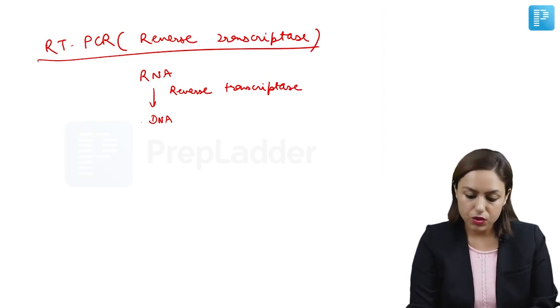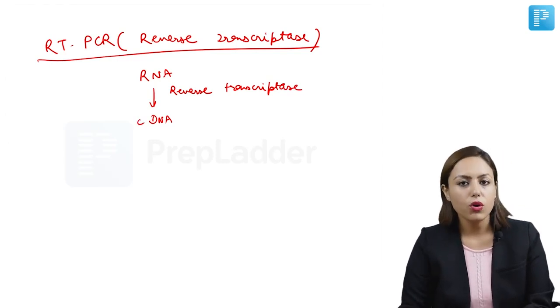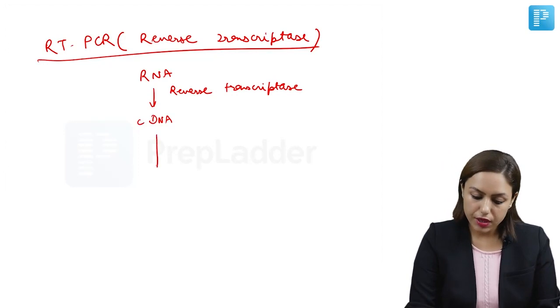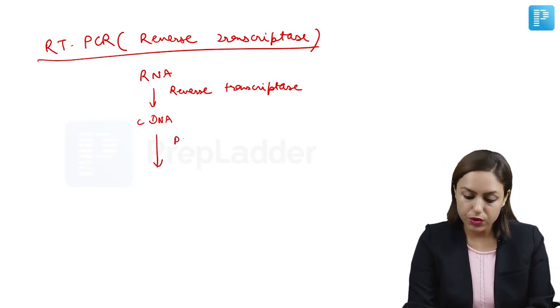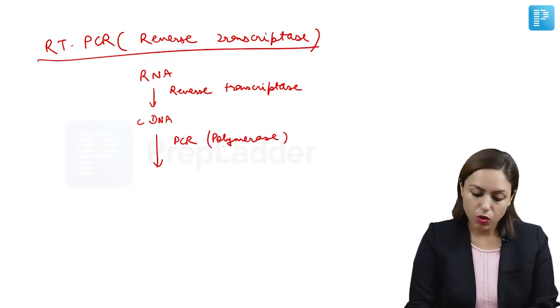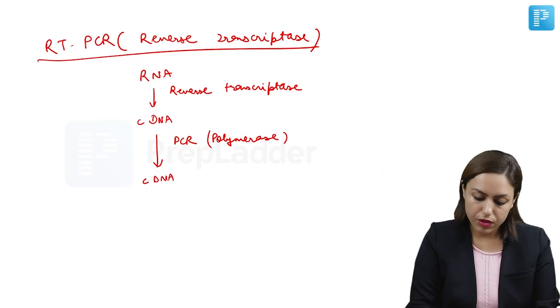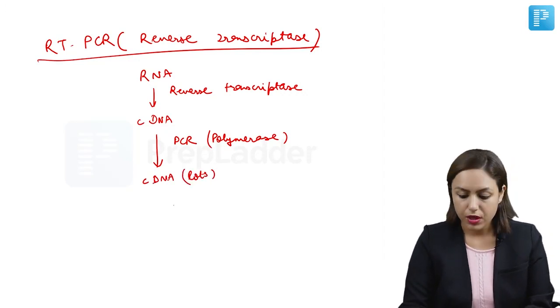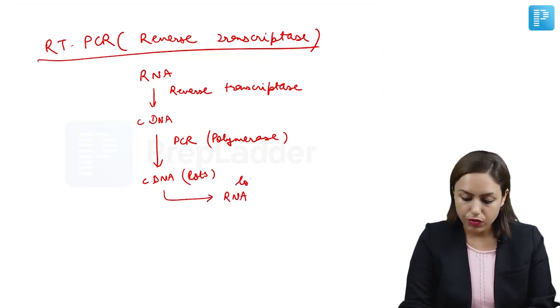This is called cDNA or complementary DNA. Now this cDNA will be amplified using normal PCR, that is, polymerase enzyme. Okay, so we get lots of this cDNA. By transcription it can be converted to RNA, so we have lots of this RNA now.